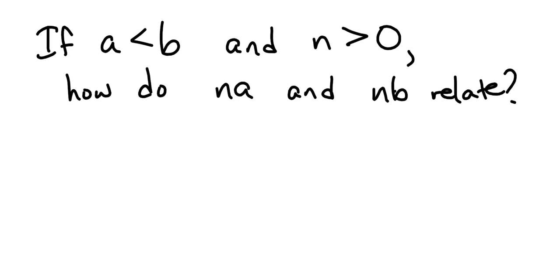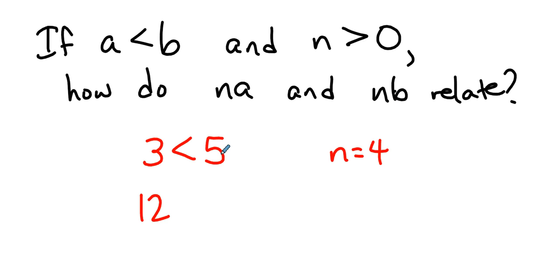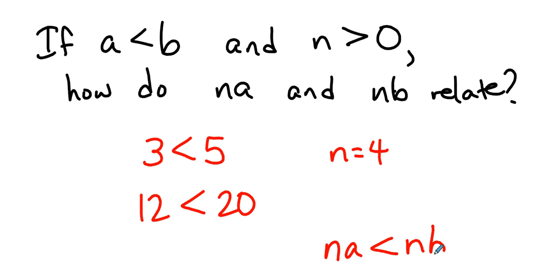Well, if 3 is less than 5, and n is some positive number like 4, na is 12, nb is 20, well, 12 is still less than 20. So we would argue that na is less than nb. This makes sense. When we multiply both sides of an inequality by a positive number, we keep things the way they should be.